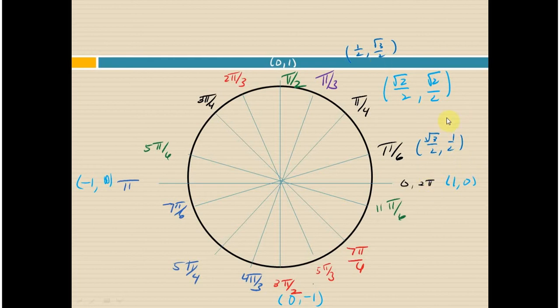Now, these two coordinates are flip-flops of each other. How do you figure out which one's which? Well, here's the way I used to do it. Square root of 3 over 2 is around 0.8, and 1/2 is 0.5. Now, if I go on the x-coordinate here, I've gone farther across than I have gone up.